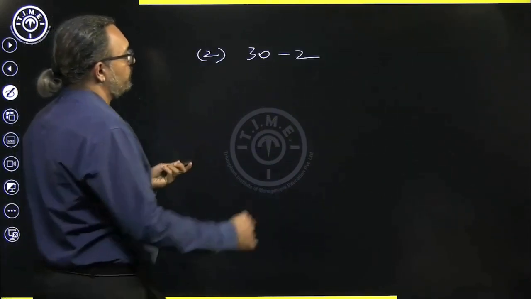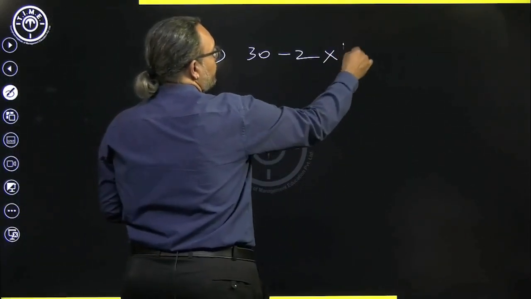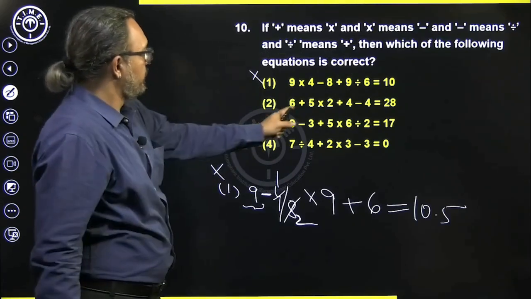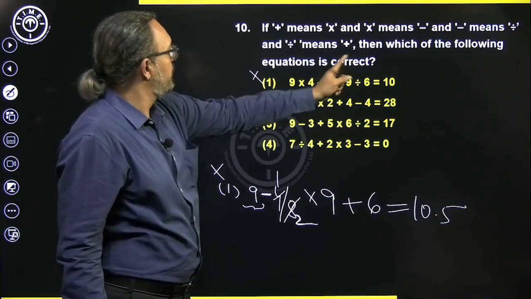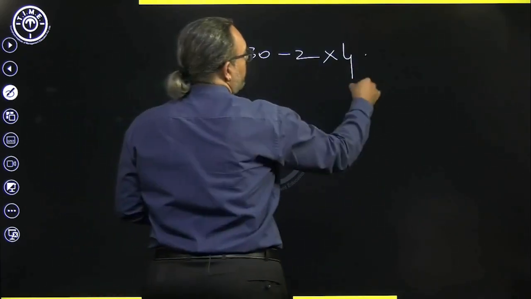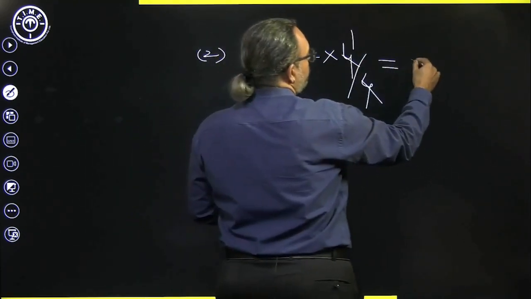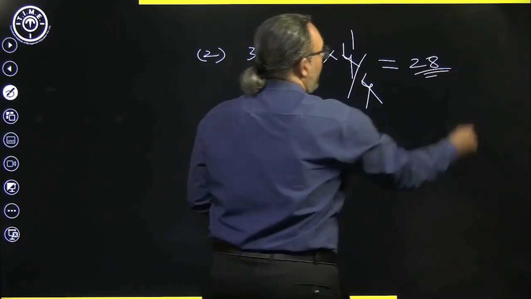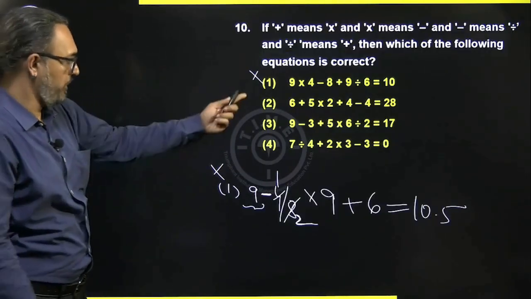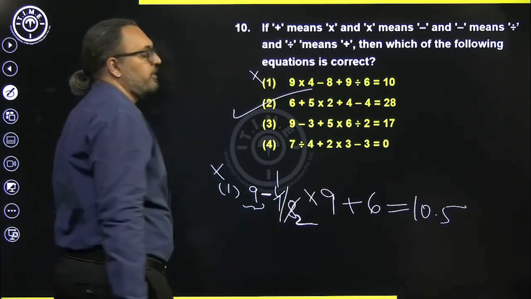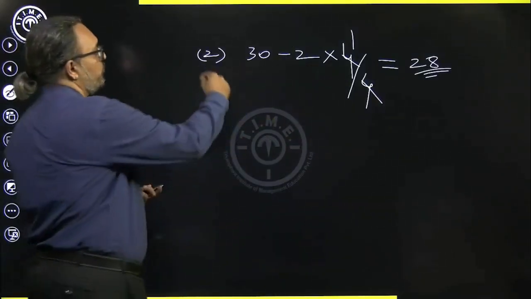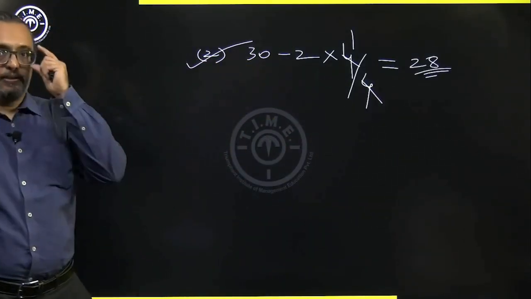So into 4 and then minus means division, divide by 4. Into 4 by 4. So basically this is 1. So you get 30 minus 2, which is 28. So do I have 28 on the right hand side here? Yes. Then I need not check any further. So choice 2 will be my answer. So you pick option 2. Correct?